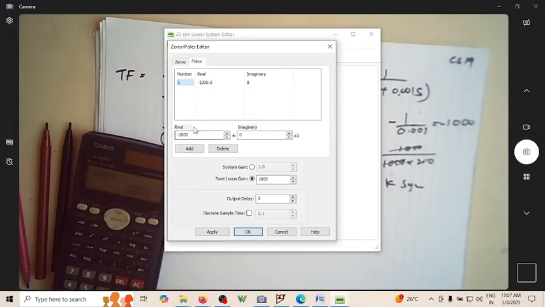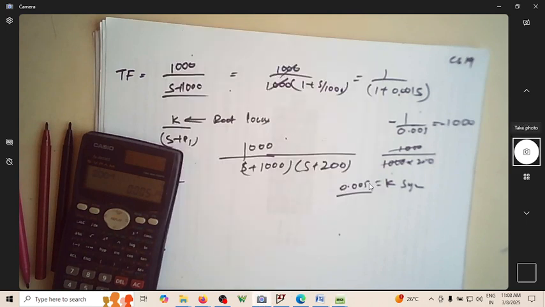You are adding one more pole. Where is the pole expected, or you want to have it to be at minus? Okay, I will apply. You can see there is a pole at this. See now the root locus gain we won't have as 1000. Can you see the system gain has become point not 5, which is what we have written here, point not 5.